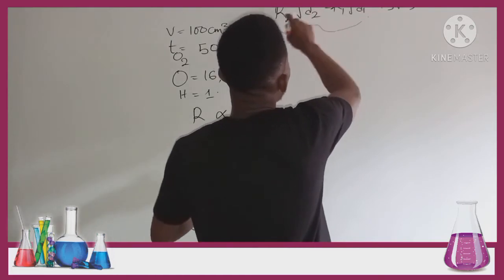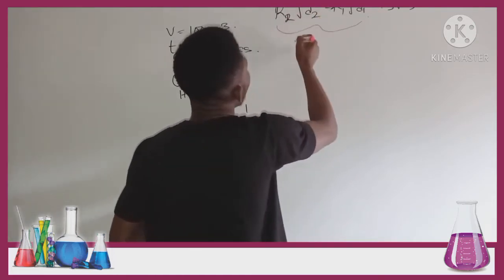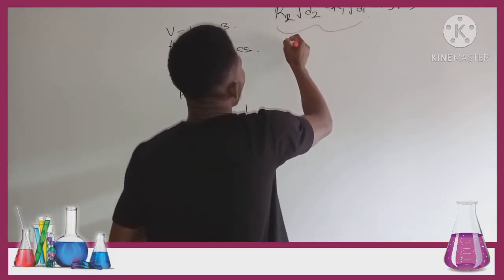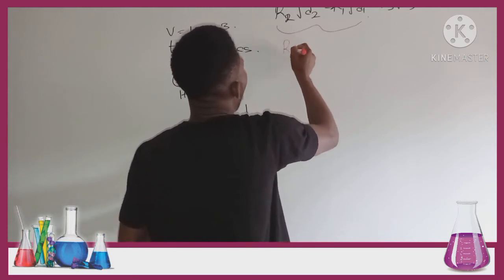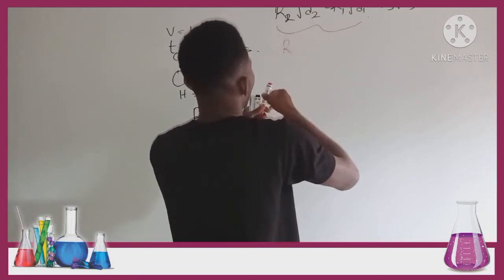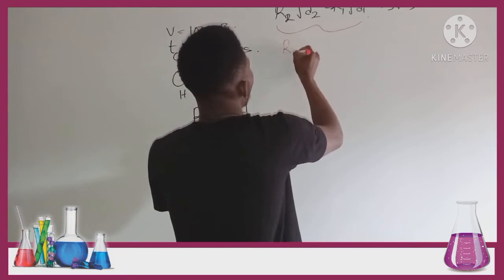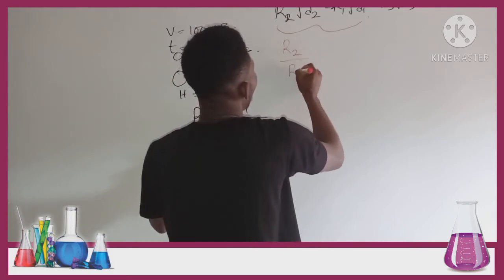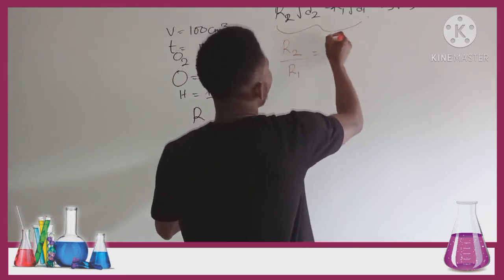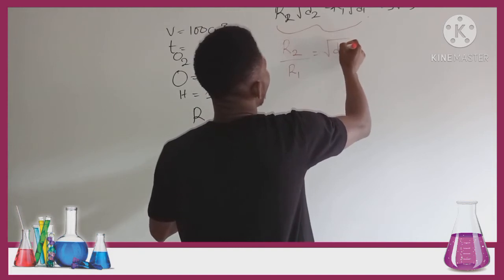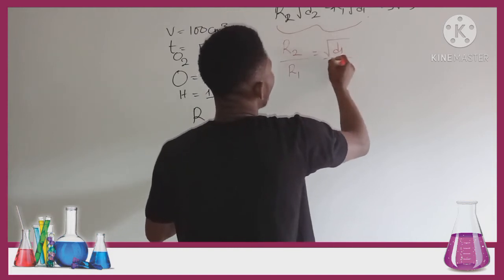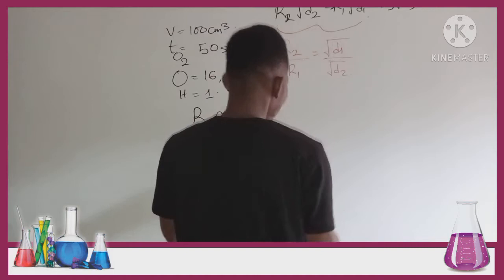From here, we can make this derivative of the formula such that we have rho 2 over rho 1 is equal to root d1 over root d2.